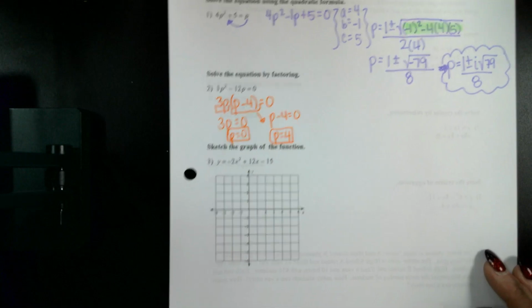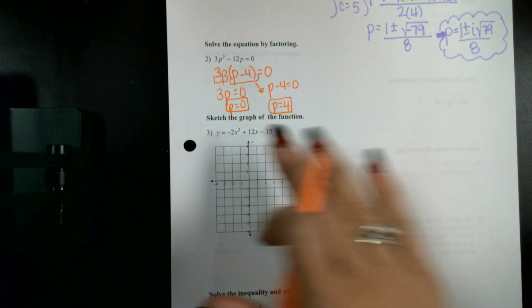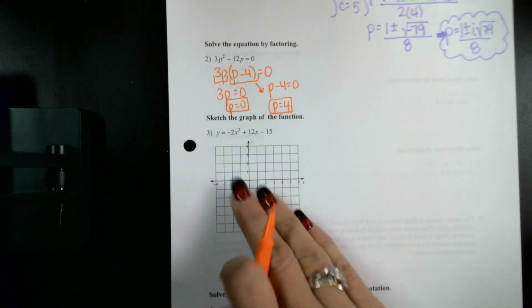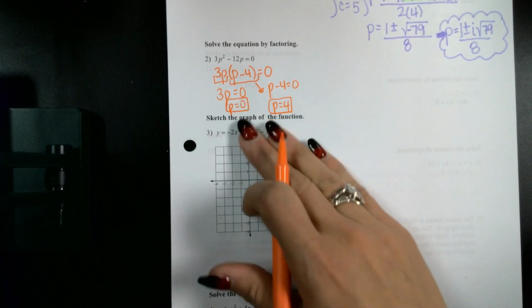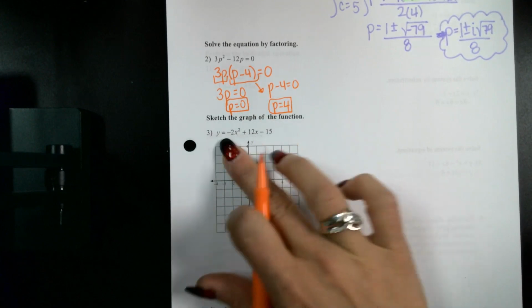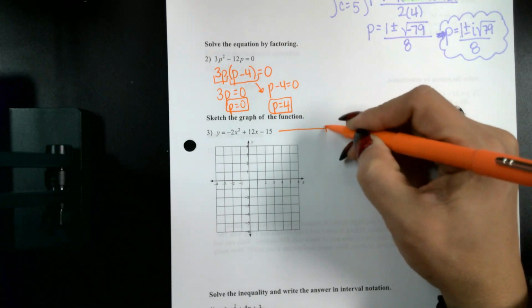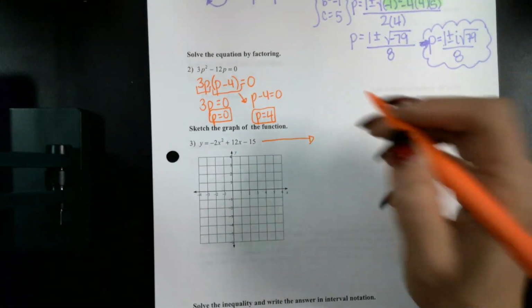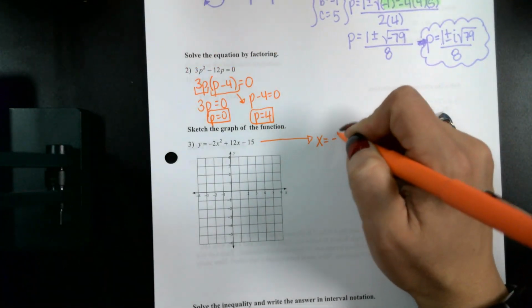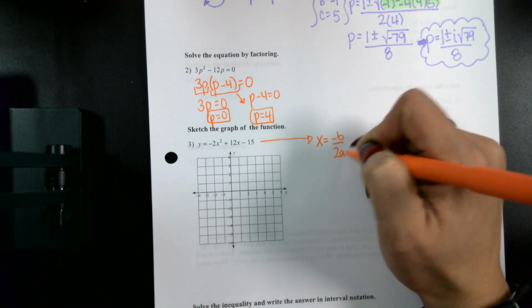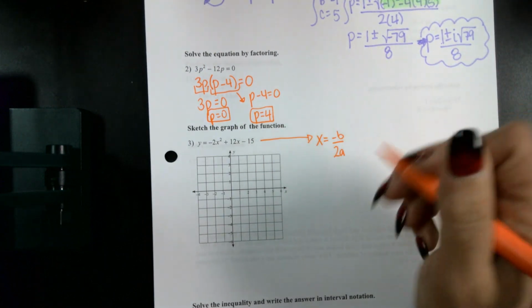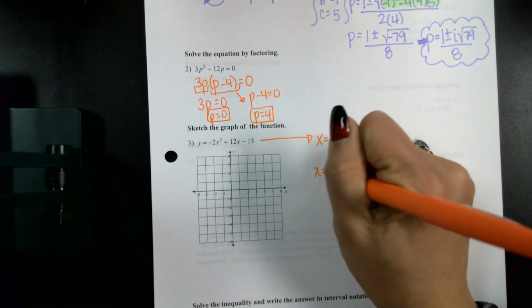Good? Okay. Number 3, we've got a quadratic and they want us to graph it. So this is a parabola. This is not vertex form. Since this is standard form, we have got to find our axis of symmetry first. I'm sure you guys remember that little formula, x equals negative b over 2a.